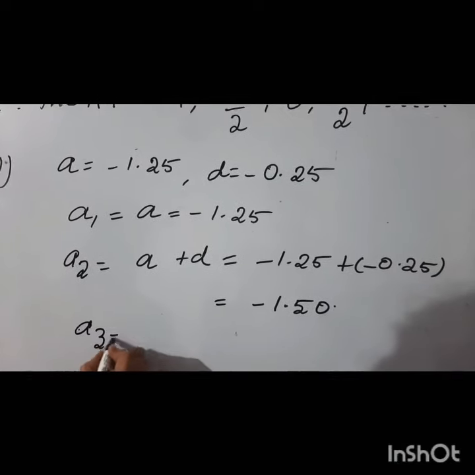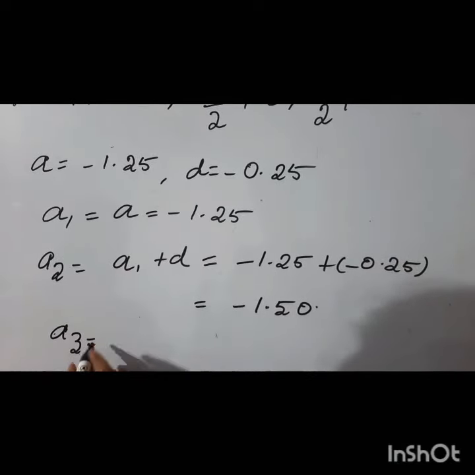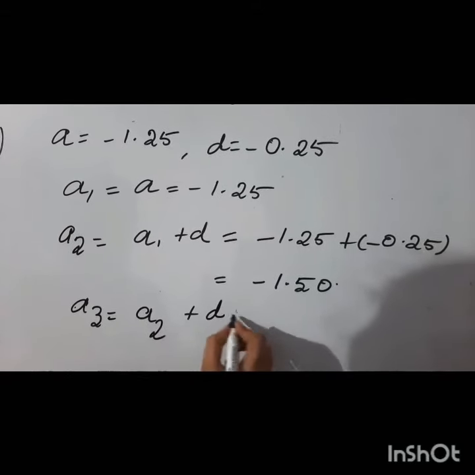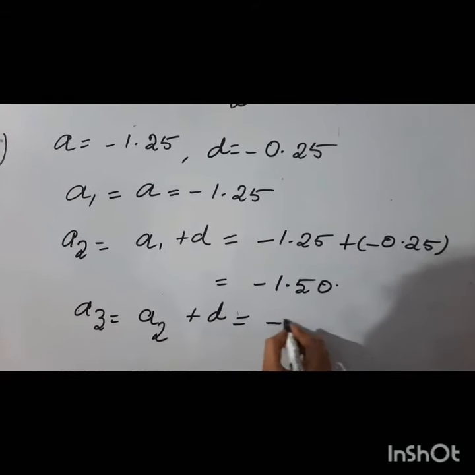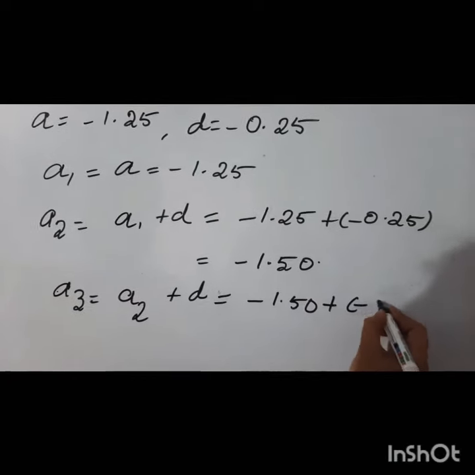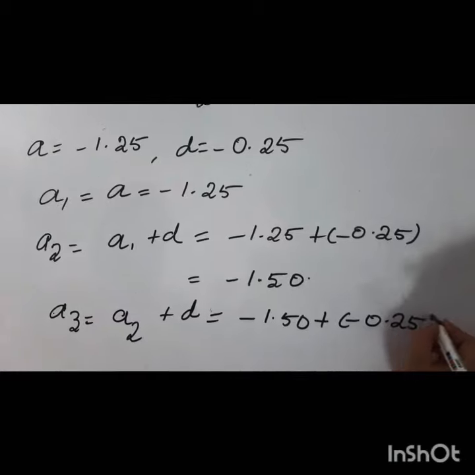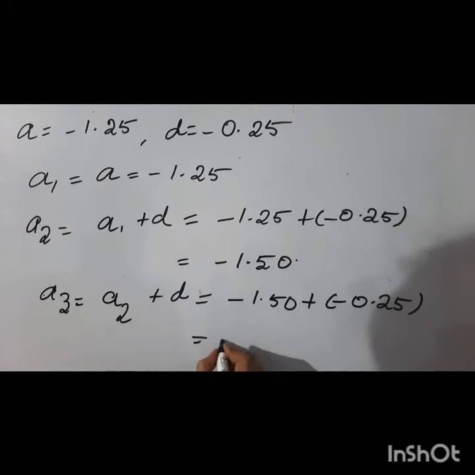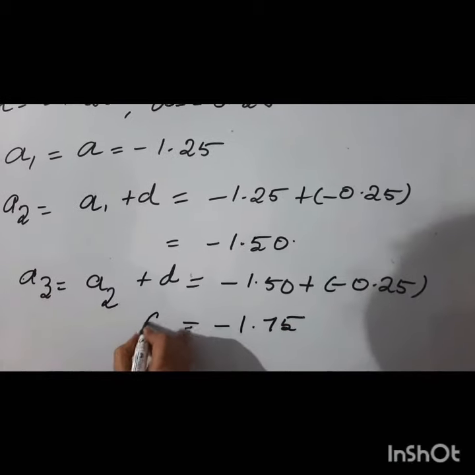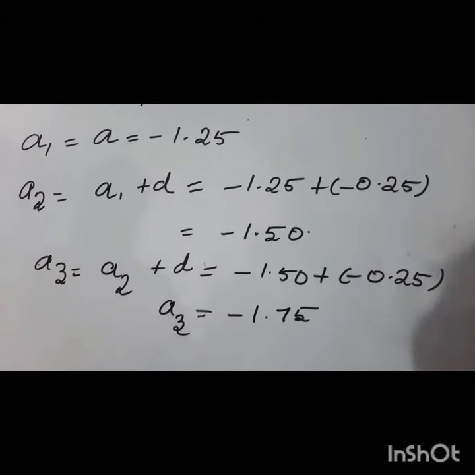Then your third term, how we will get the third term? By adding the common difference to your second term. What is your second term? Minus 1.50. What is your common difference? Minus 0.25. If you add these two numbers, what will you get? Minus 1.75. Your third term is minus 1.75.